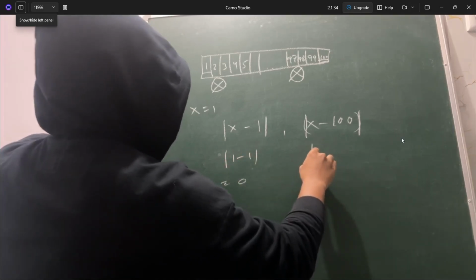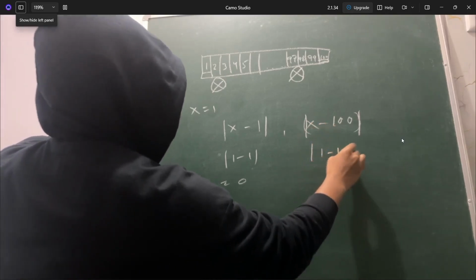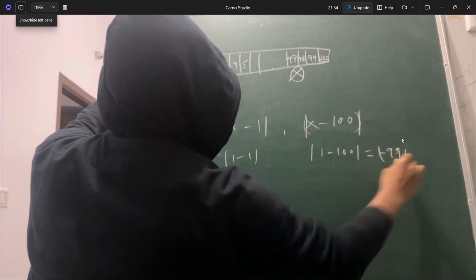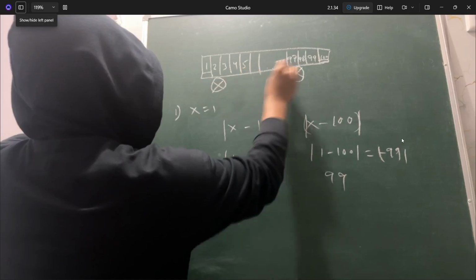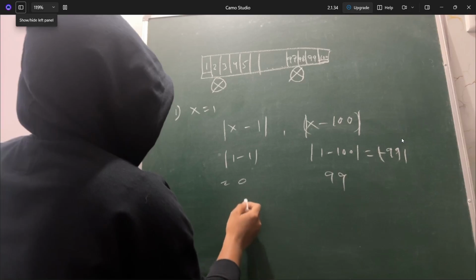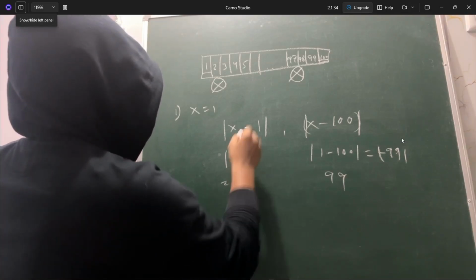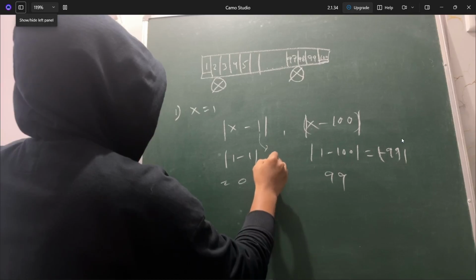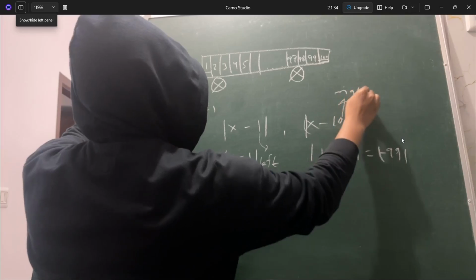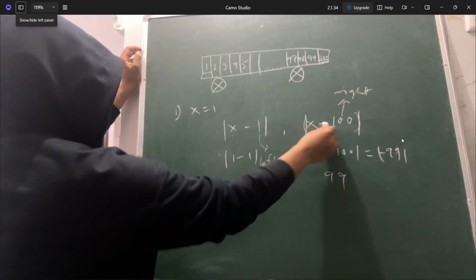And 1 minus 100 is minus 99, whose absolute value is 99. So he'll have to travel 99 distance to reach there, and in this case he'll have to travel 0. Obviously he'll choose the left one. If 1 is the nearer door, then that is the left exit; if 100 is nearer, then that is the right exit. So basically we'll have to do these two.